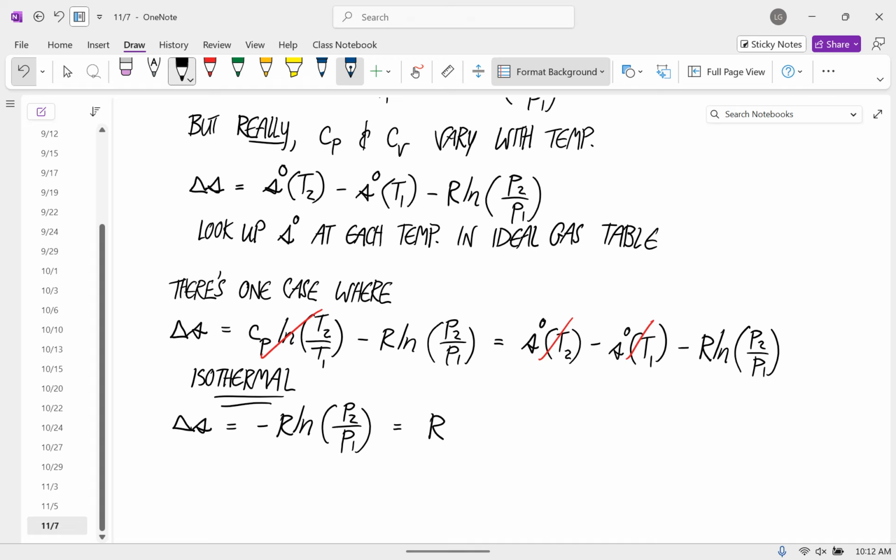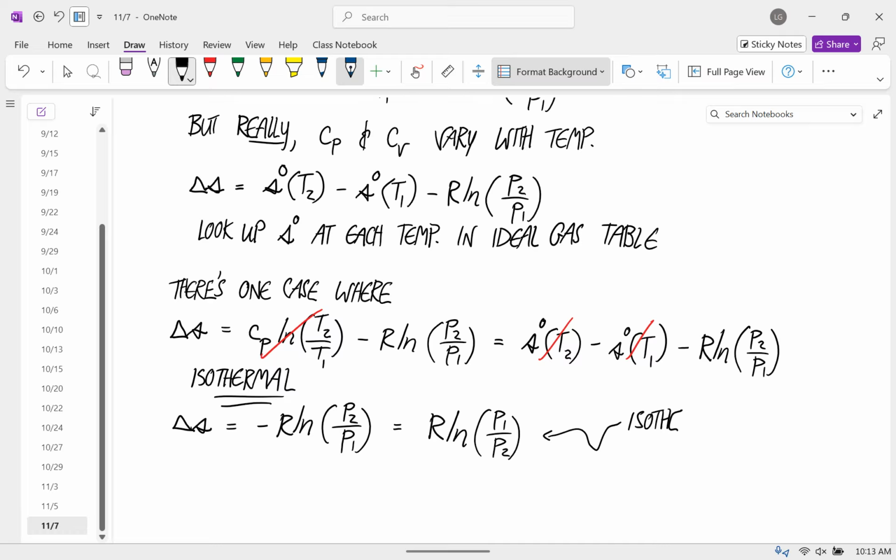Or in other words, R natural log of P1 over P2. I'm not going to box that. So this is true for isothermal only.